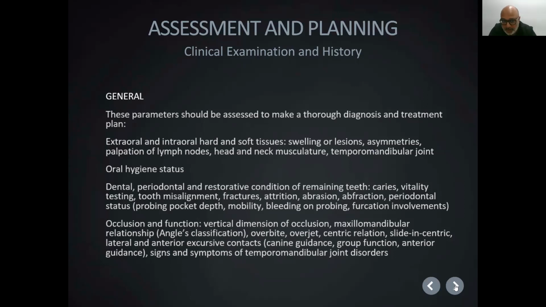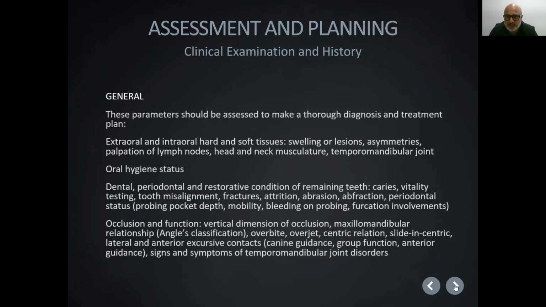We need to talk about caries, the vitality of teeth, tooth misalignment, fractures, attrition, abrasion, periodontal status, probing, pocket depth, mobility, bleeding on probing, furcation involvements. Now, depending on whatever you use, most people use CPITN, a probe, or a BPE. If you're having some of the higher figures like a BPE 4, you should really then go in and do a full 6-point probing chart.